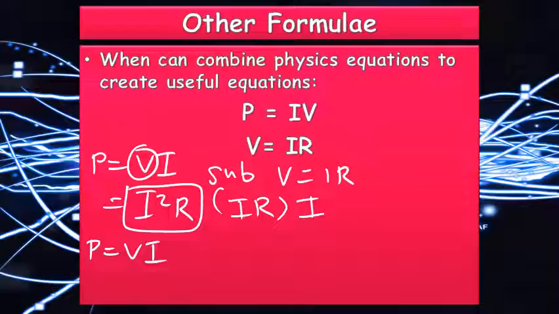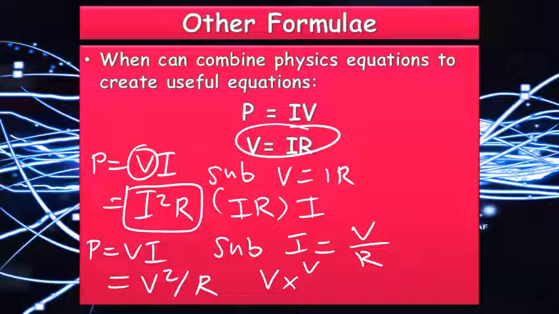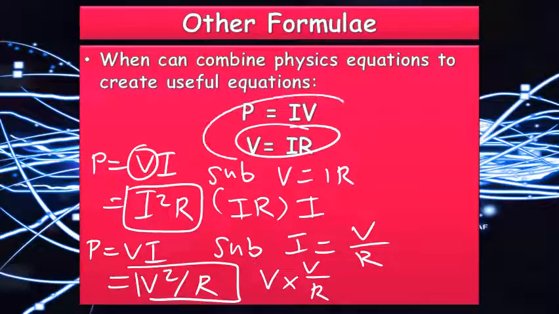This time substitute I equals V divided by R, by rearranging Ohm's law, and you get power equalling V squared divided by R. So what you've done is V times V over R, so that's V squared divided by R. That's another important equation that you can employ using the power of incorporating these two equations together.